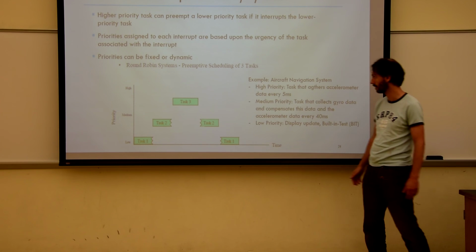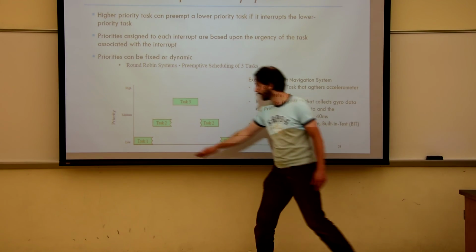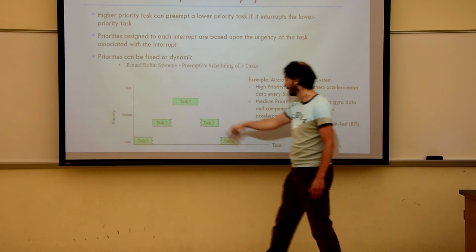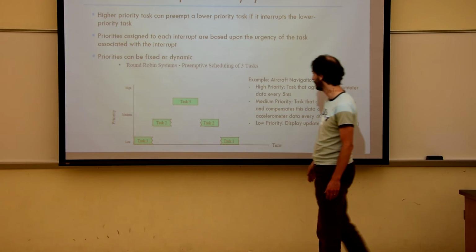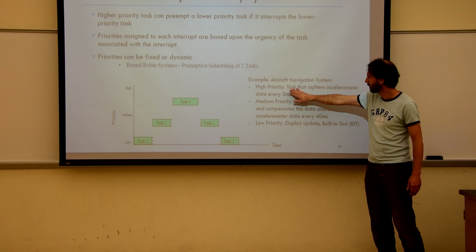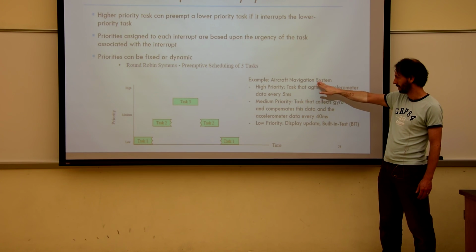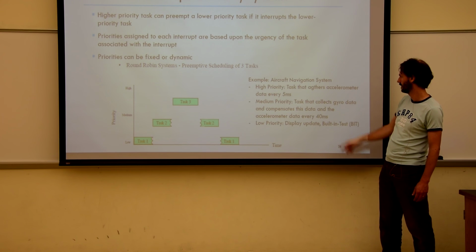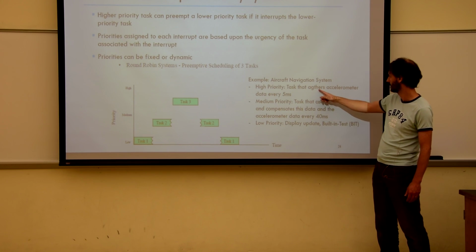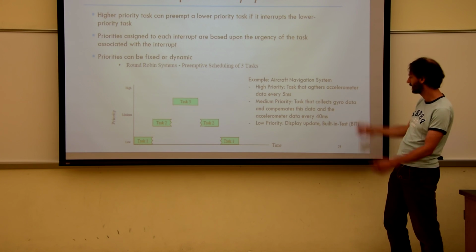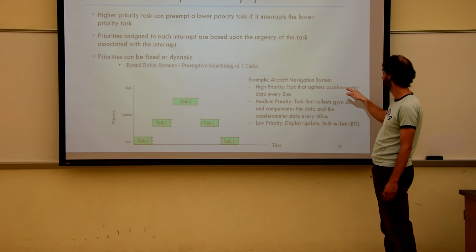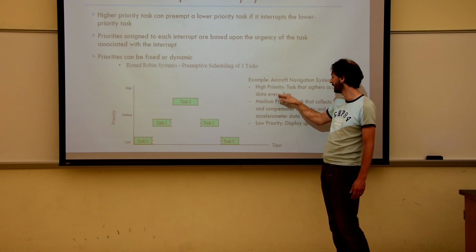Here we have these tasks, and they run with different priorities, say high, medium, and low. In this example, a high priority task gathers the accelerometer data every 5 milliseconds.